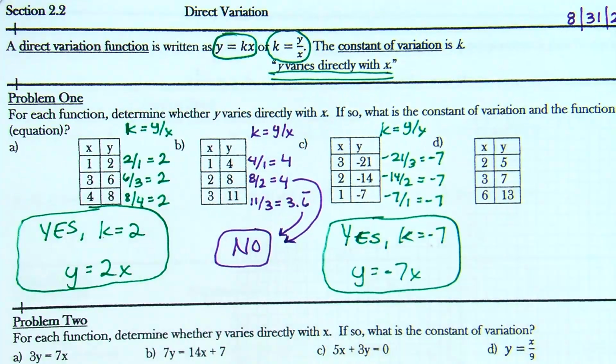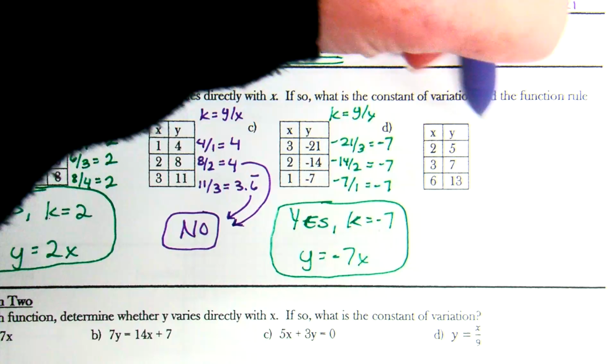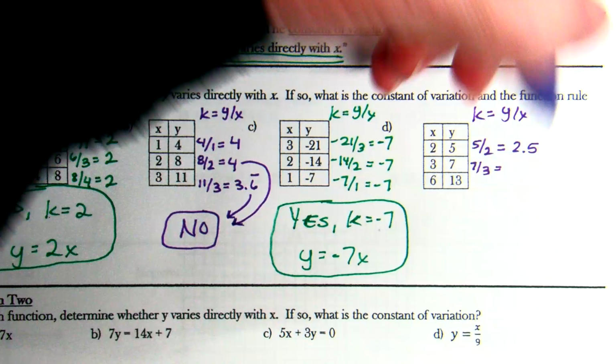Check D out. In order to find if it's direct variation, does y divided by x give the same number? 5 divided by 2 is 2.5. 7 divided by 3 is 2.3 repeating.